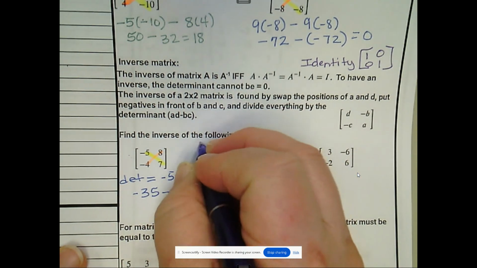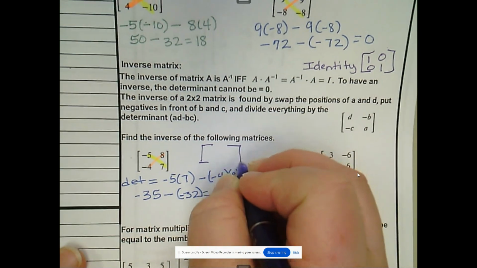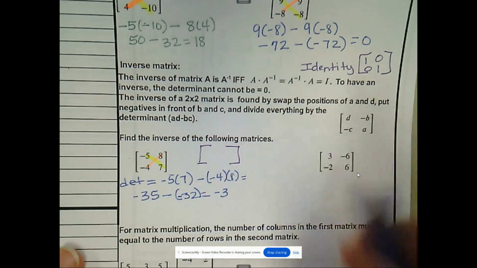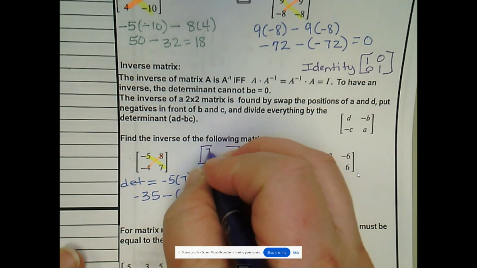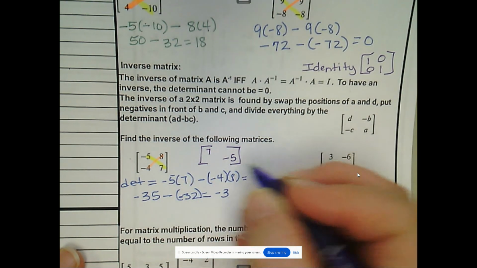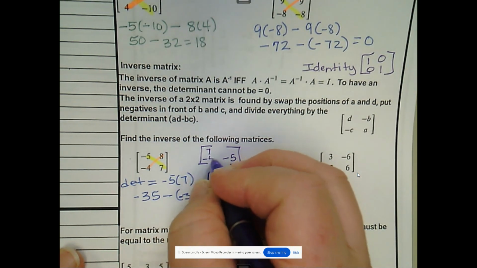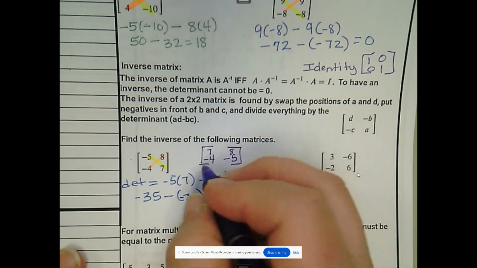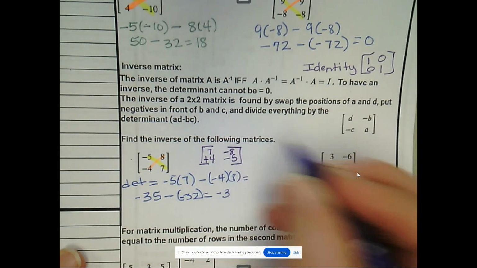So switch A and D. So this will become 7, and this will become -5. You've got -4 here, you've got +8 here. These become their opposites.